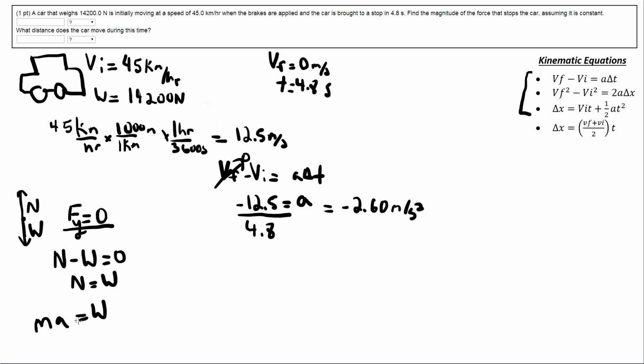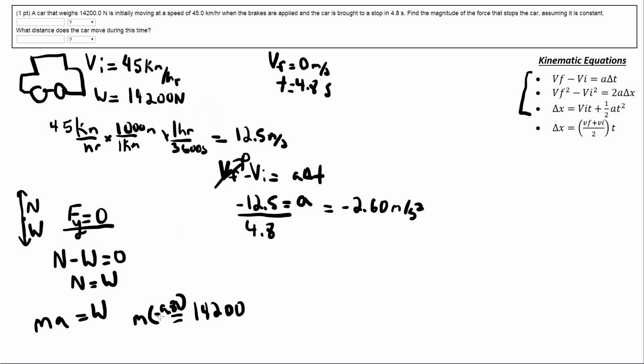So what is the acceleration in the y? In this case, we're dealing with a car on the planet Earth, so the acceleration is negative 9.81 meters per second squared. So we can say that the weight, which we were given, which is 14,200 newtons, is equal to the mass times negative 9.81.